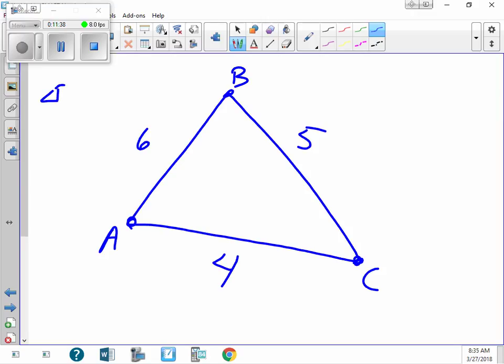So angle B is smaller than, what's the next smallest angle? Angle A, and that's smaller than angle C. How do we know that?